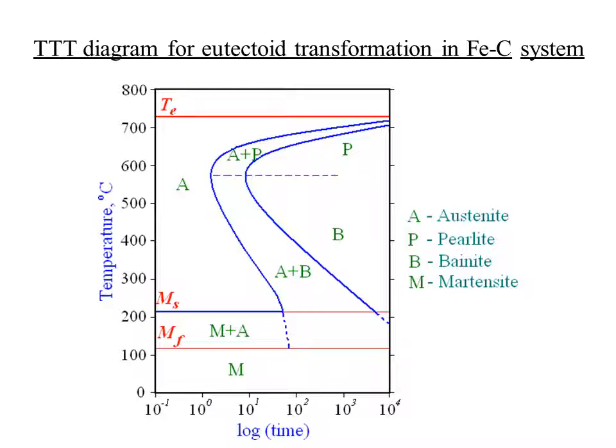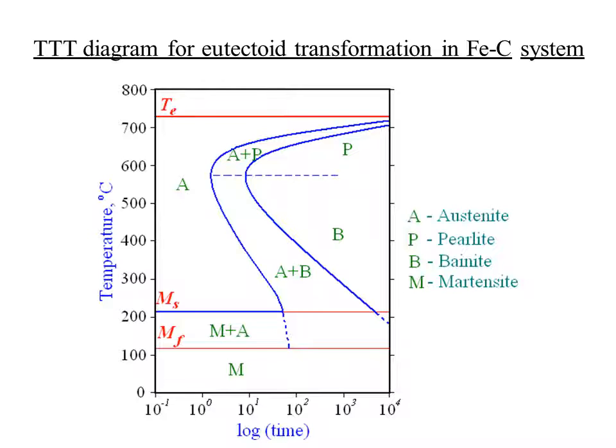Similarly here, these two curved blue lines represent the differentiation between different phases. To the left of this blue line you will have entire austenite, and to the right of this blue line you will have the entire pearlite. In between you will have austenite mixed with pearlite.